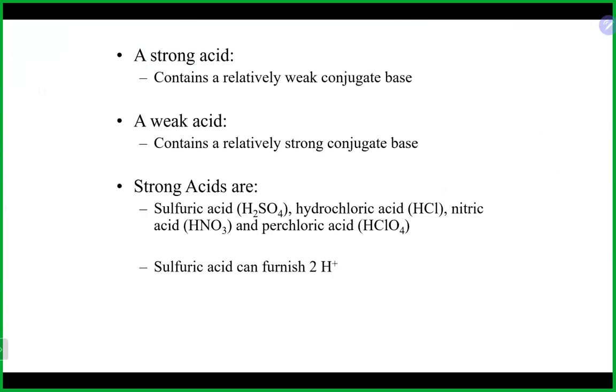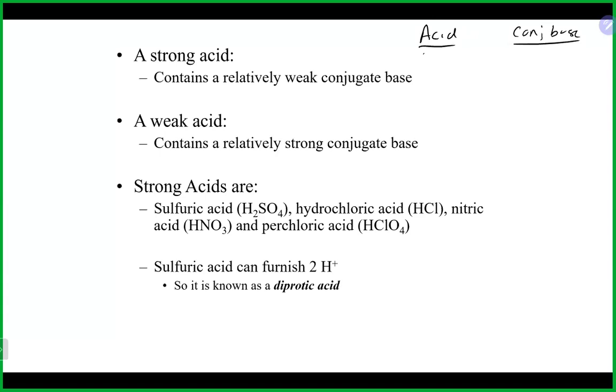Now, there is a couple of relationships that are important, and it is the relationship between an acid and its conjugate base, and a base and its conjugate acid. So if you have an acid and its conjugate base, the relationship is this.